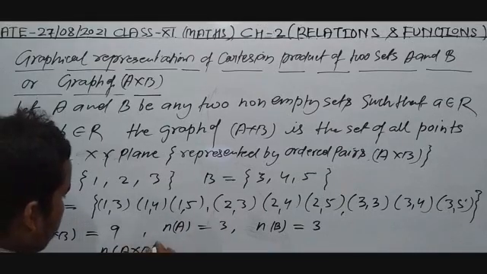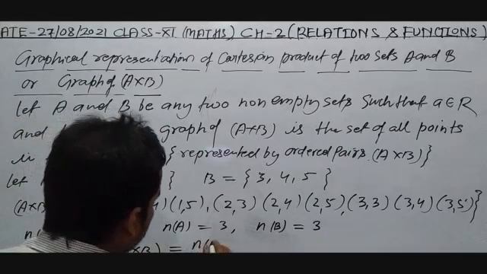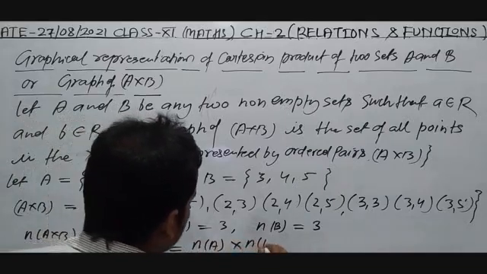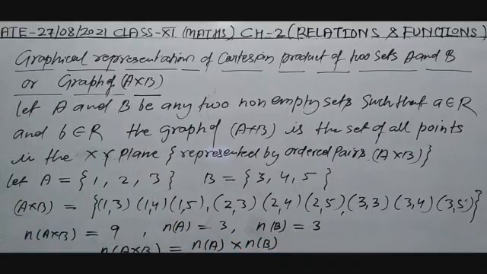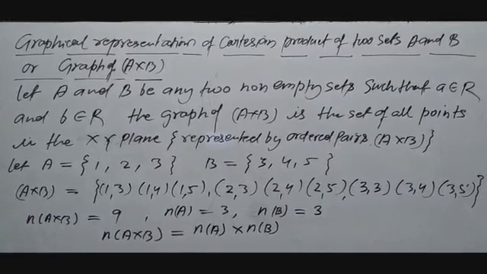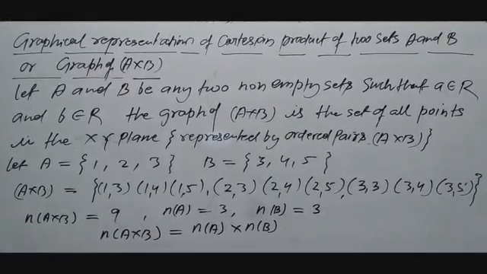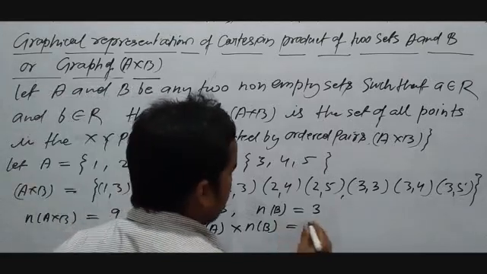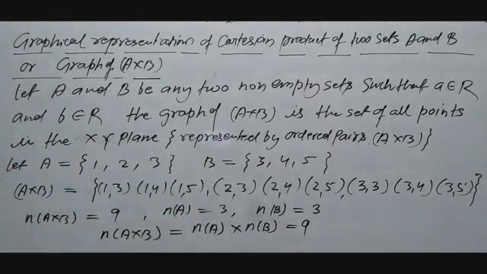The number of elements in A cross B is equal to the number of elements in A into the number of elements in B. So this is verified: 3 threes are 9. The total number is equal to 9. This is a verified statement.